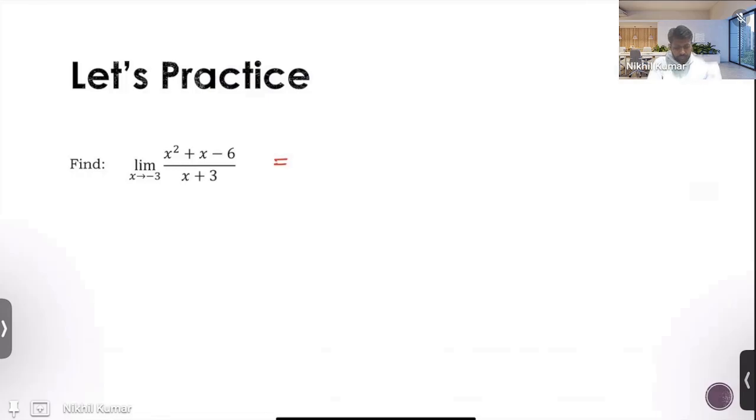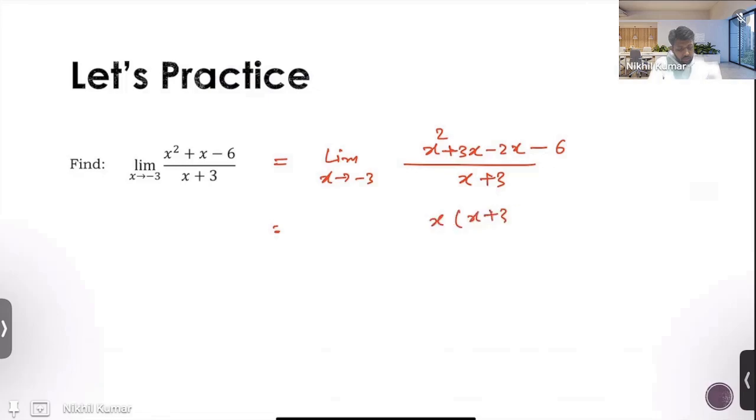Factorize the numerator, x squared plus x minus 6. So plus 3x minus 2x would work. Let's see if it works or not. x times (x plus 3), minus 2 times (x plus 3), upon x plus 3.